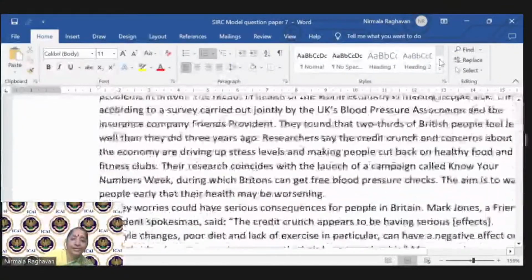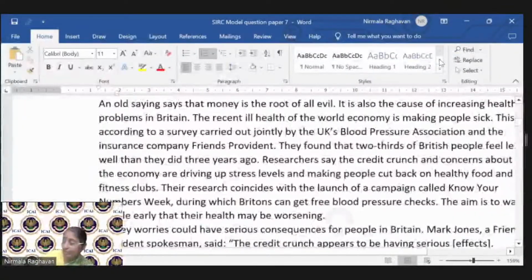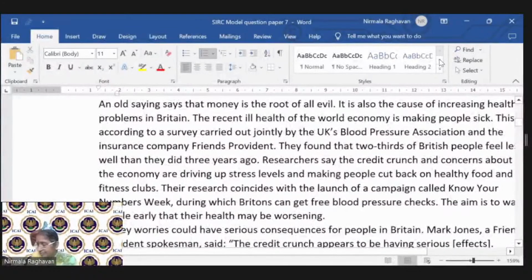What negative impacts the long-term health? Quick. Yeah. Arya is the first.